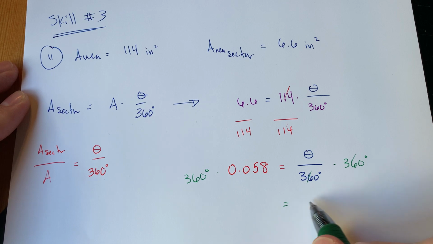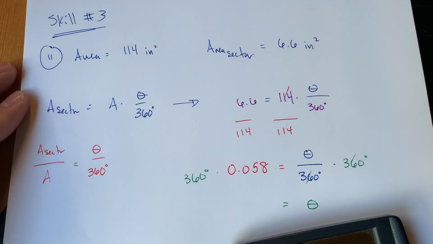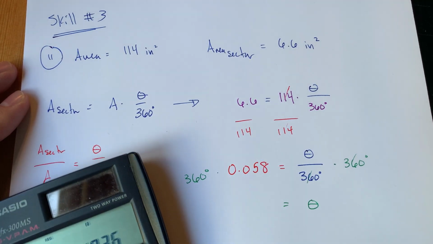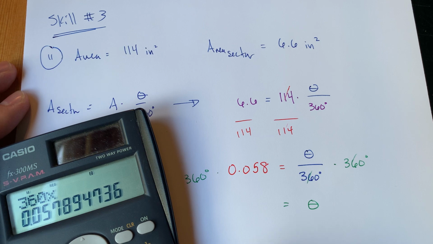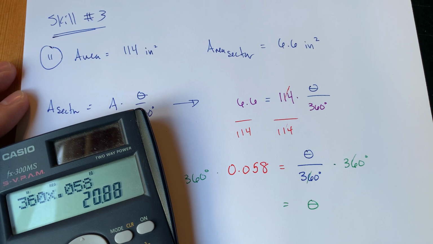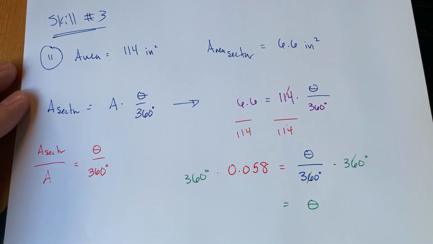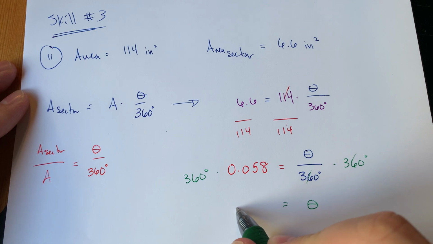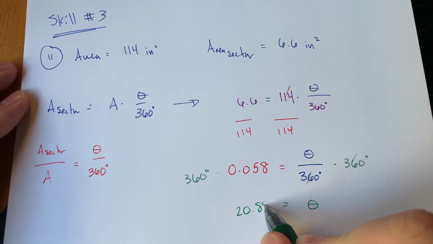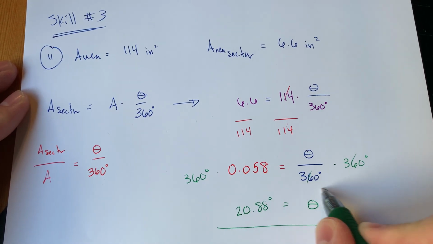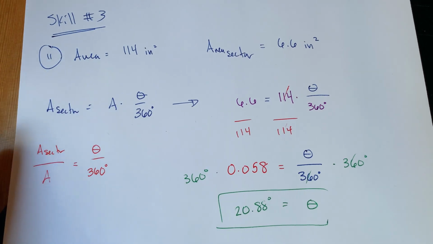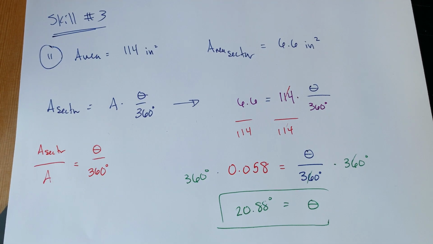That cancels this from the right, and then I'm going to get, I guess I should use my rounded version, 360 times 0.058 is what we're using rather than our long version, so 20.88 is my angle here. So 20.88 degrees of rotation for each of those fan blades.